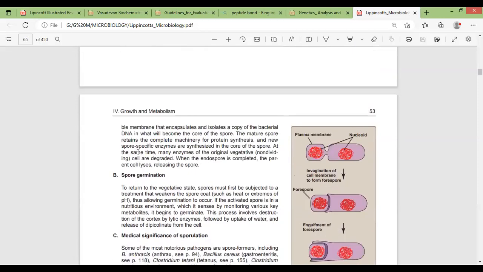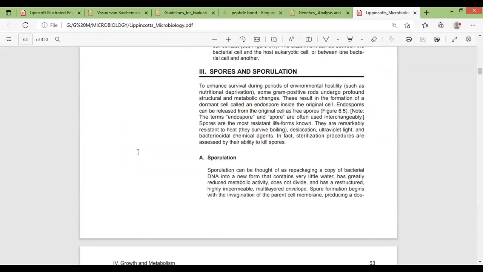So why would bacteria form a spore? Think of the bacteria somewhere there is no food, there is no water. So it has two fates. Number one, it either dies because it has no food, water, or nutrients, or number two, it adapts.